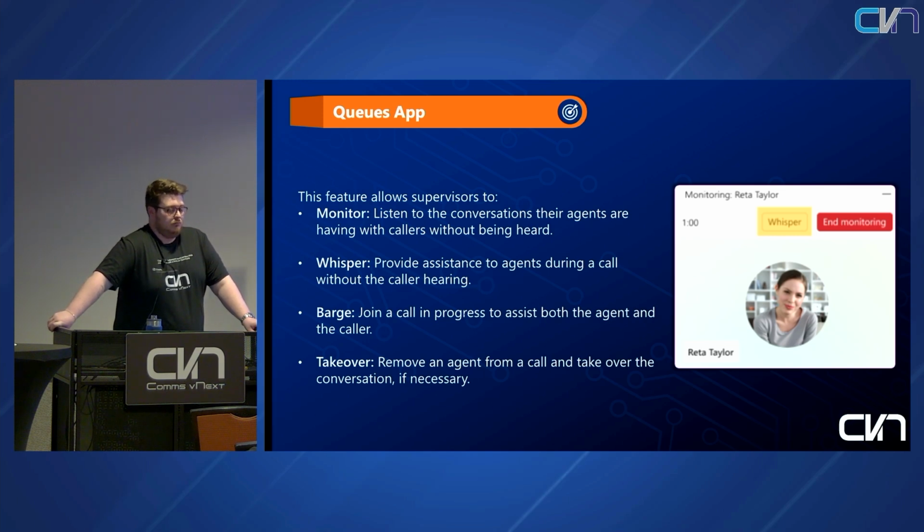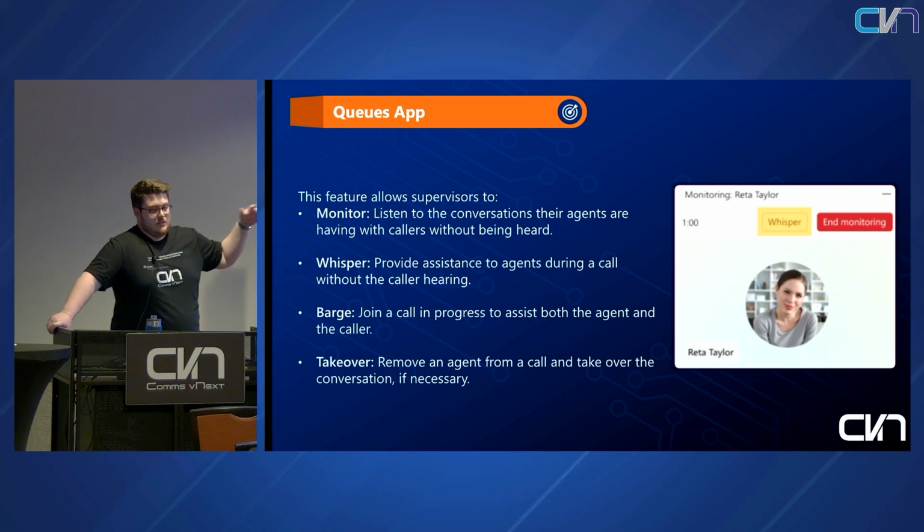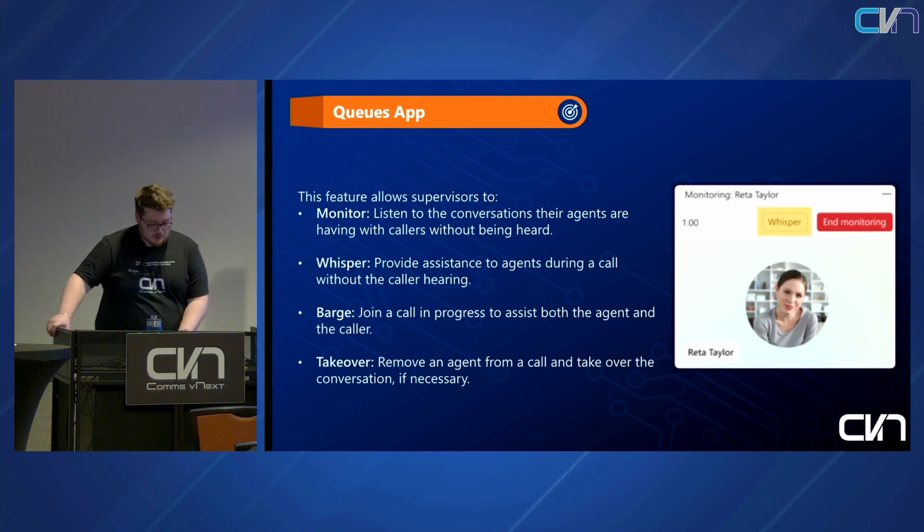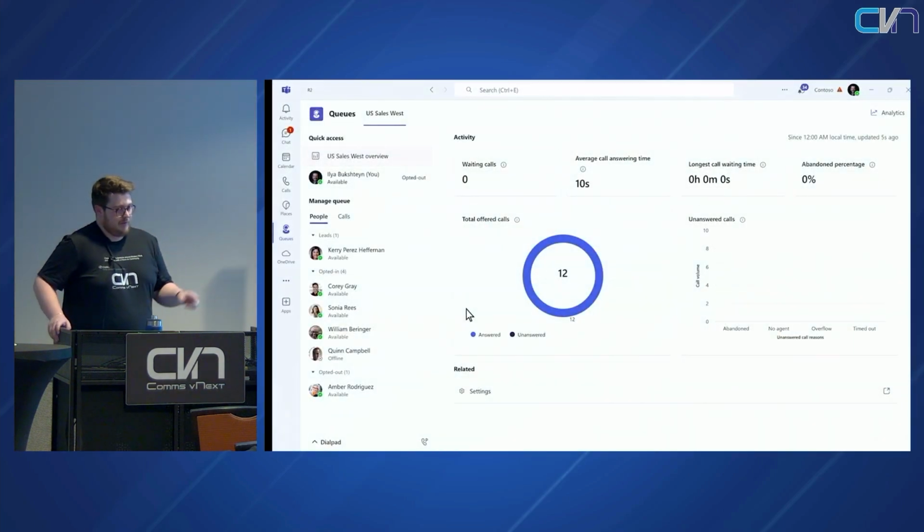It allows supervisors to monitor calls, listening to the conversation; whisper, so just the agent can hear the supervisor; barge into a call; and also take over a call and kick the agent out. Little demo of that if you've not seen it.